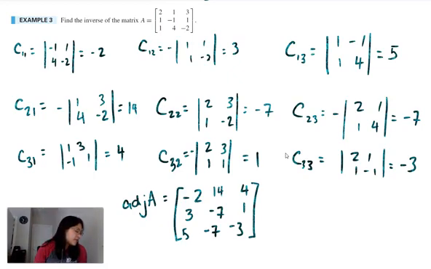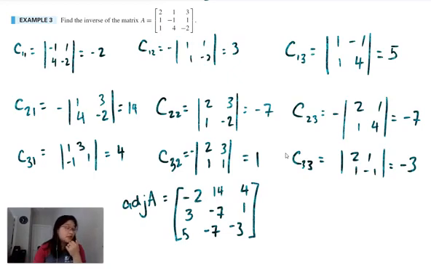We need to figure out what our determinant is. How are we going to do that? So we could just do it using our cofactors and stuff, but we could also check to see if we got our correct answer for our adjugate, and we can figure out what our determinant is.